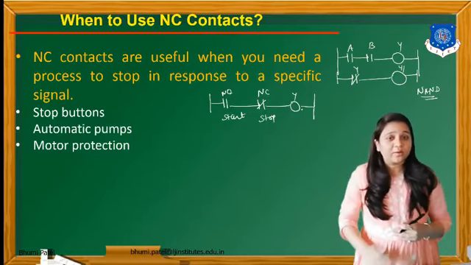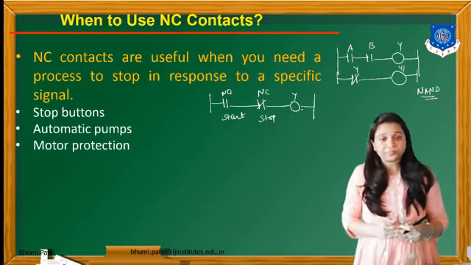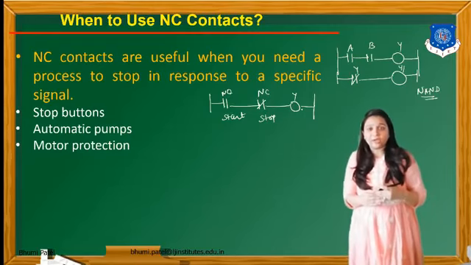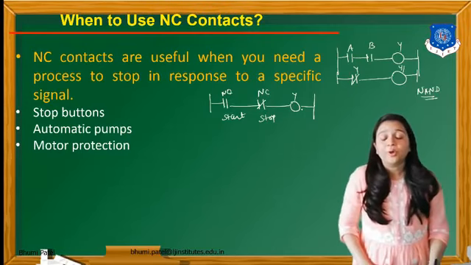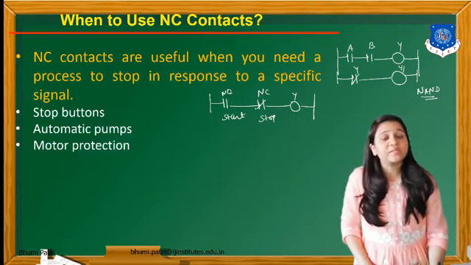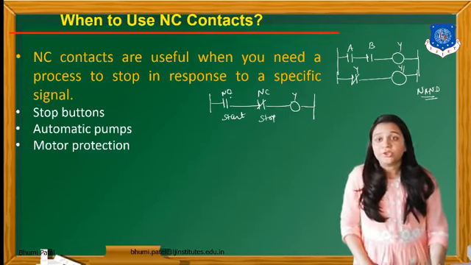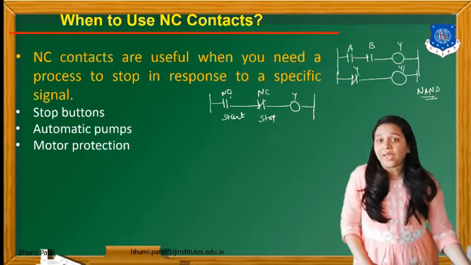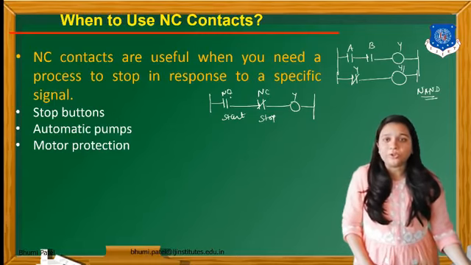Whenever the motor supply is greater than the applied voltage, we can also use an emergency switch as a normally closed contact, so the system will automatically switch off. These are some applications where we can use a normally closed contact.